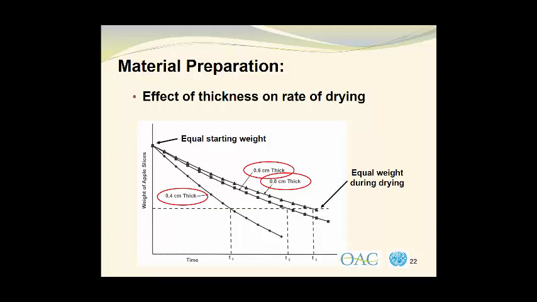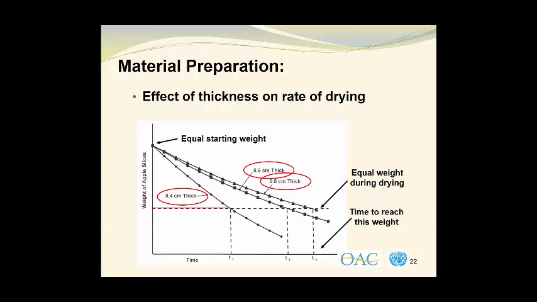Now we'll draw a horizontal line across the graph which indicates an equal weight of apple slices at some time during their drying process. From this, we can determine the time to reach the weight that is indicated by that horizontal line. So let's look at the 0.4 centimeter thick slices.